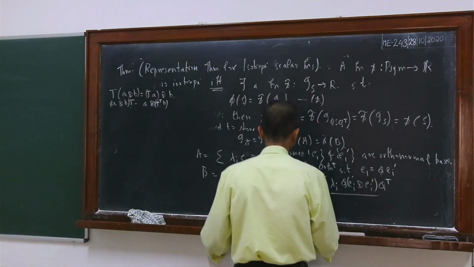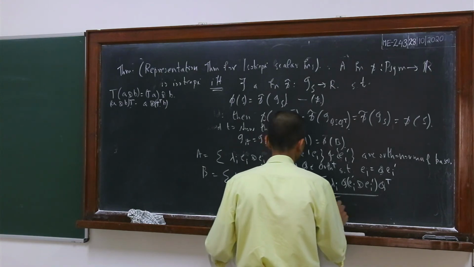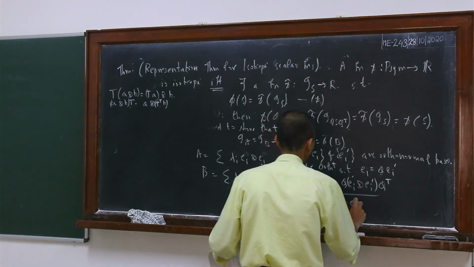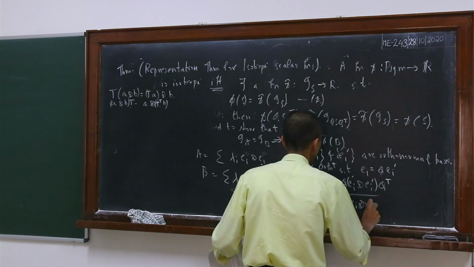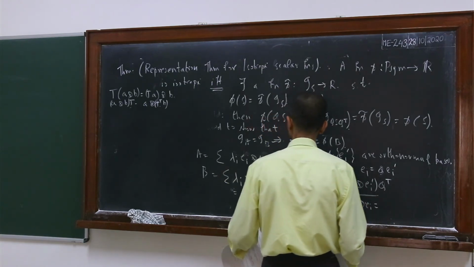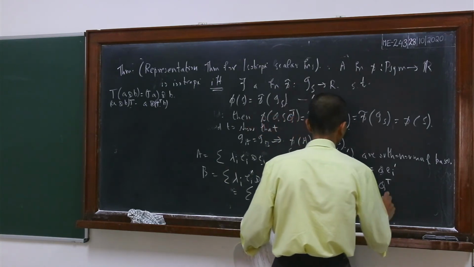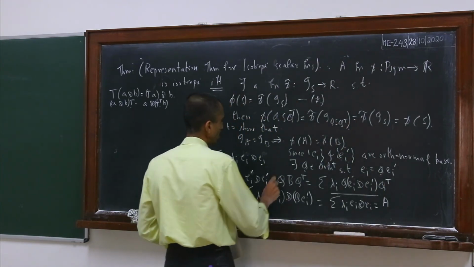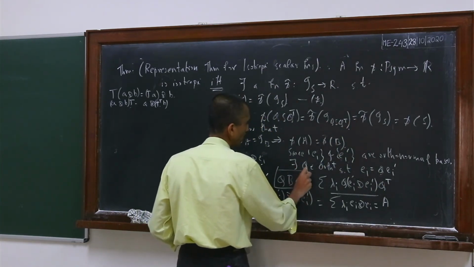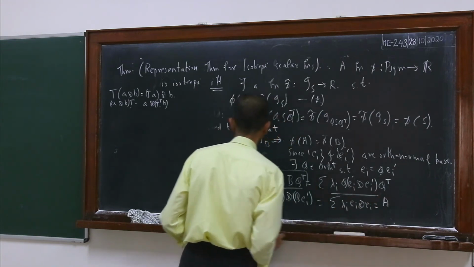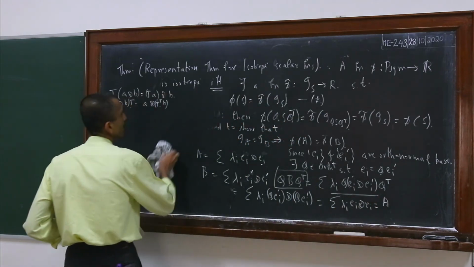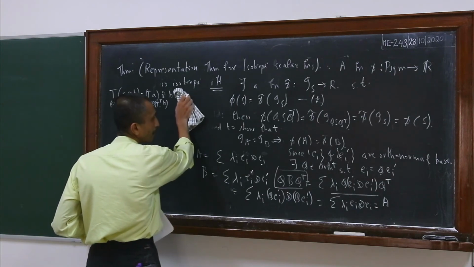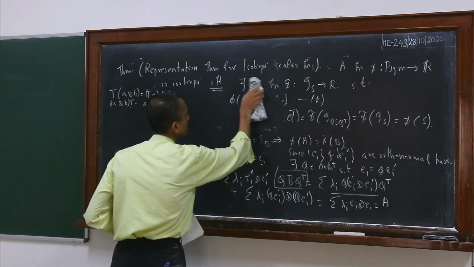So this is equal to summation lambda I EI dyadic EI, which is nothing but A itself. So finally, what we have shown is that Q times B times Q transpose is equal to A. So that is what we have shown. Let me just write that here.